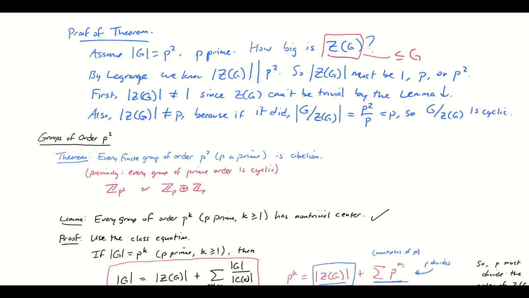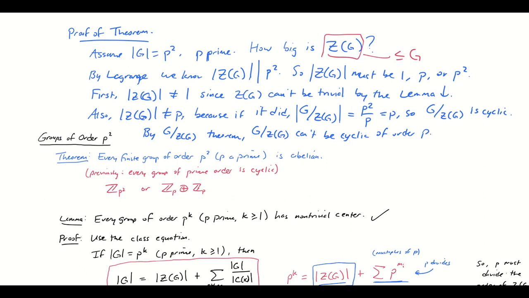Okay, but we know that G mod Z can't be cyclic other than the identity by the G mod Z theorem. So G mod Z of G can't be cyclic of order P. So that's a contradiction as well. So we know that the center can't be just one element, can't be just P elements.